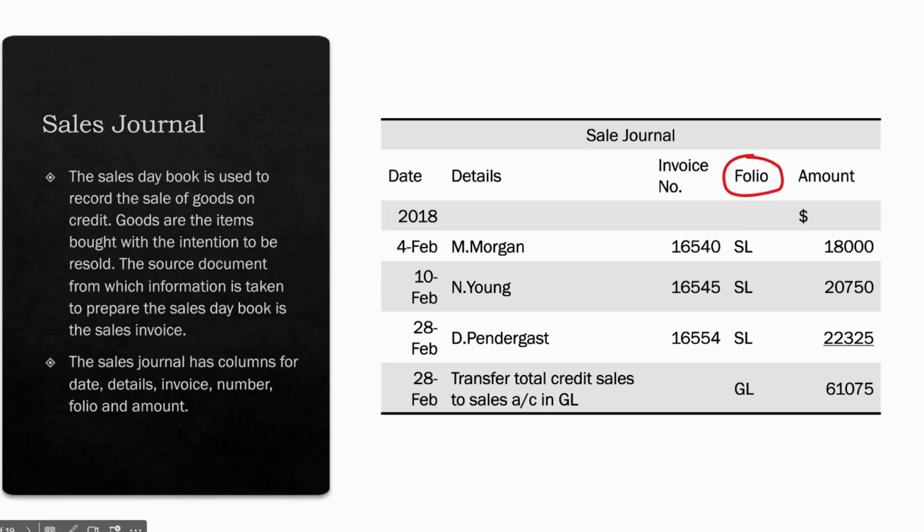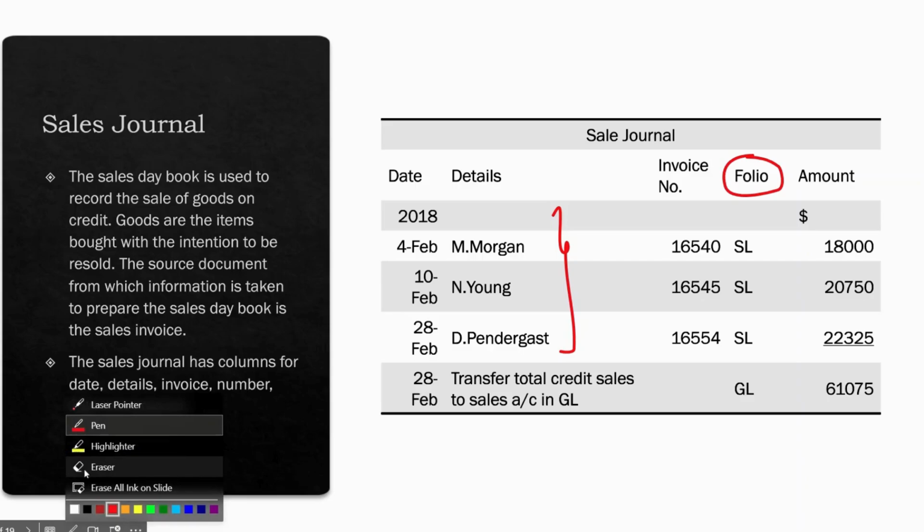So, since we record goods sold on credit in our sales journal, most all of the transactions that we have in our sales journal will be found in our sales ledger because these persons would be our debtors or accounts receivables. All right, so that is why.